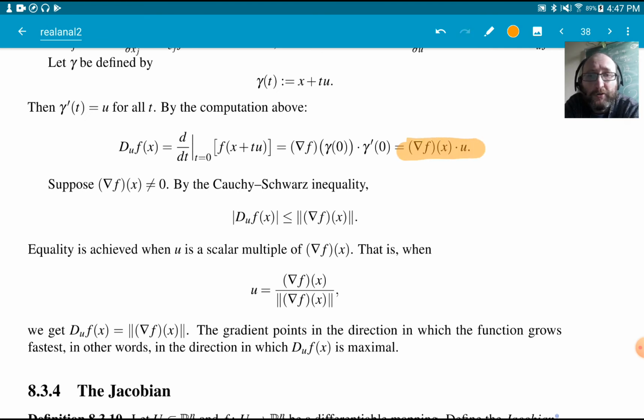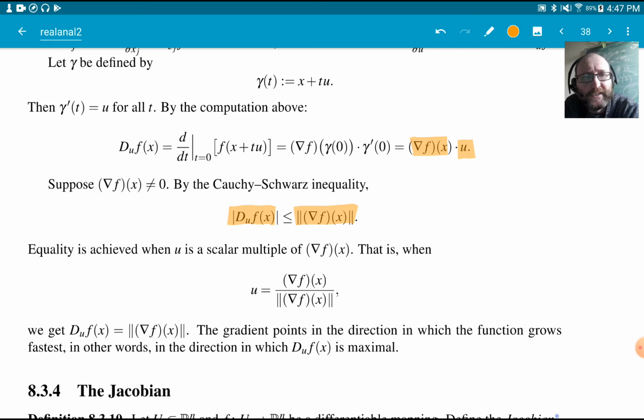Once we have this equation over here, we can apply Cauchy-Schwarz. Note that u is of norm 1. So the absolute value of the dot product is less than or equal to the norm of this times the norm of this. The norm of this is 1, so it's just the norm of the gradient. So Cauchy-Schwarz tells us that the directional derivative is bounded by the norm of the gradient.